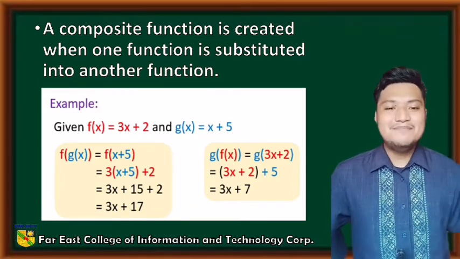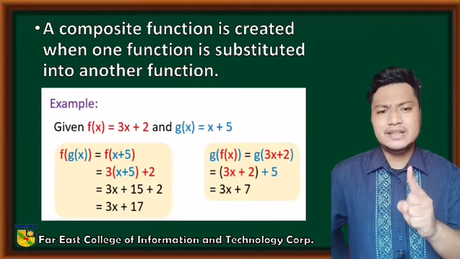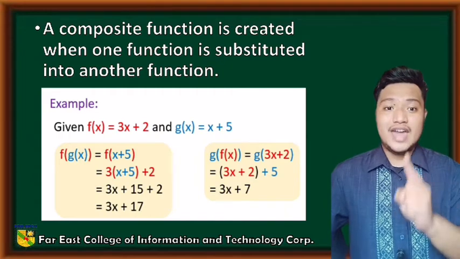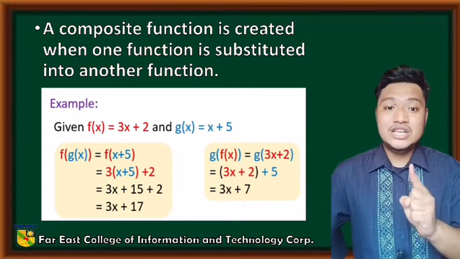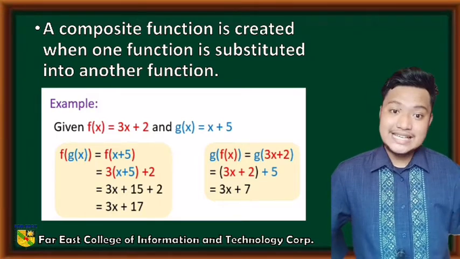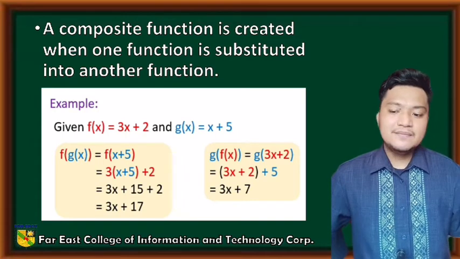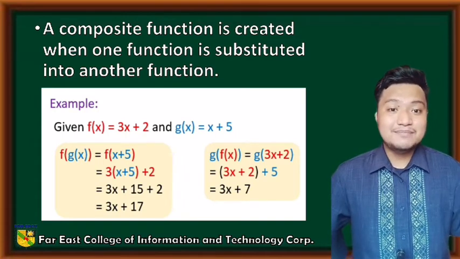Or it can be vice versa. The first function can be the value of x to substitute into the second equation. So g of f of x is equal to g of 3x plus 2.